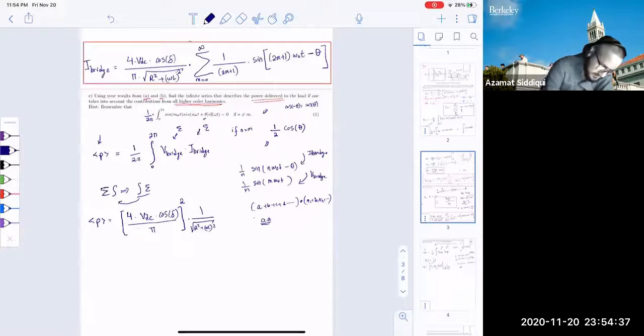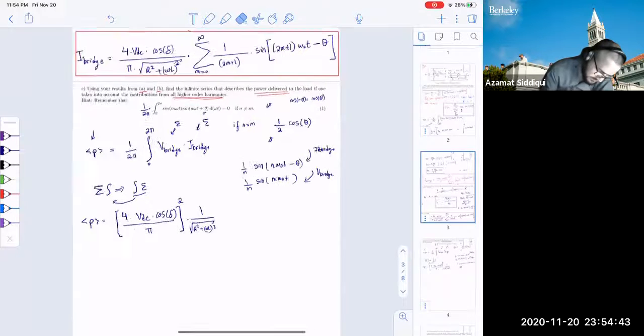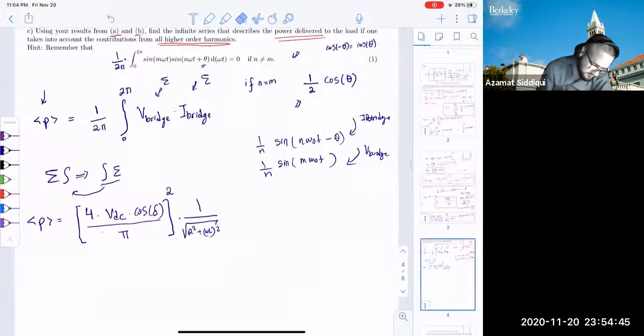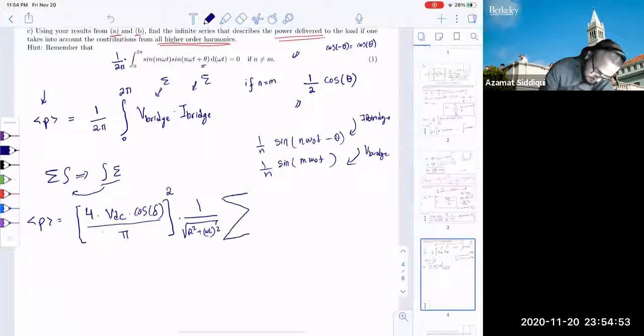Right, and let me clean this up. Now I am going to write the sum. This has m from 0 to infinity.